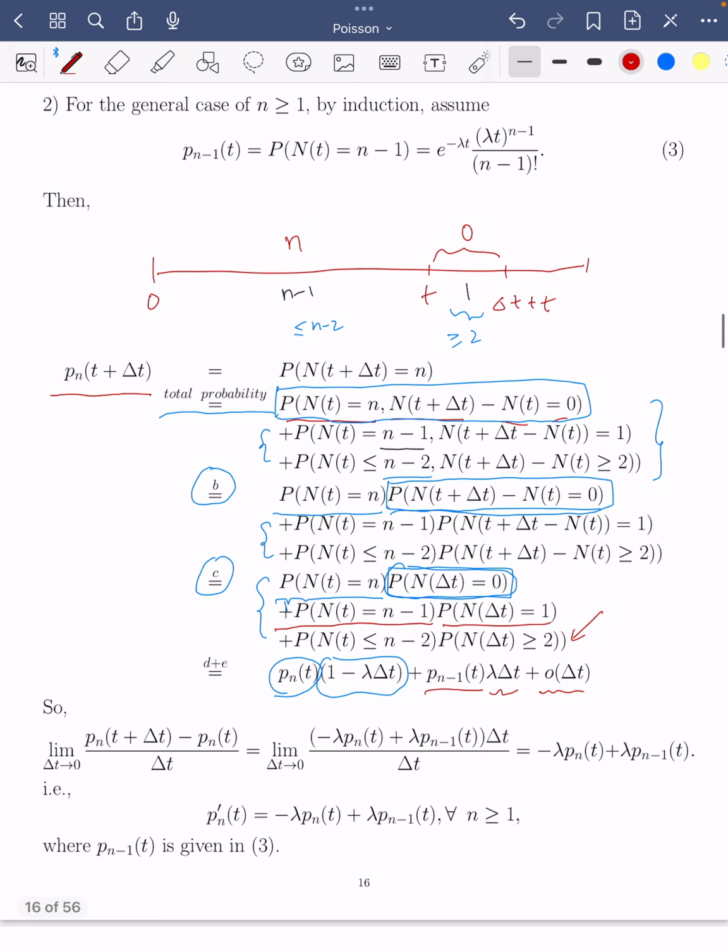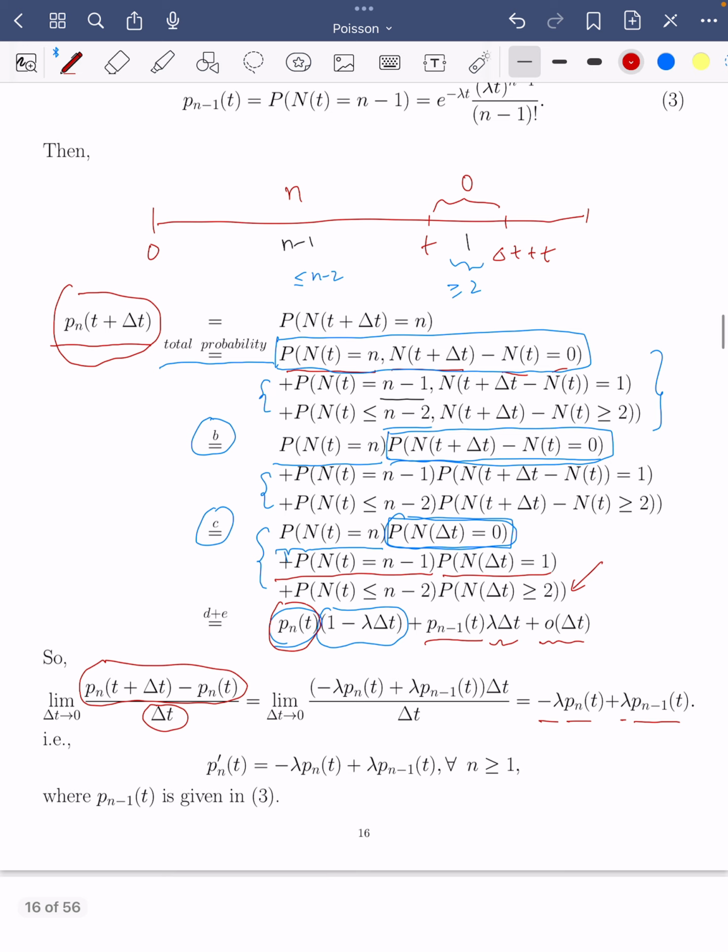So now we take the difference between P_n(t plus delta t) and P_n(t), which is here, and then divide by delta t. And then we conclude that this limit is equal to negative lambda times P_n(t) plus lambda times P_{n-1}(t).